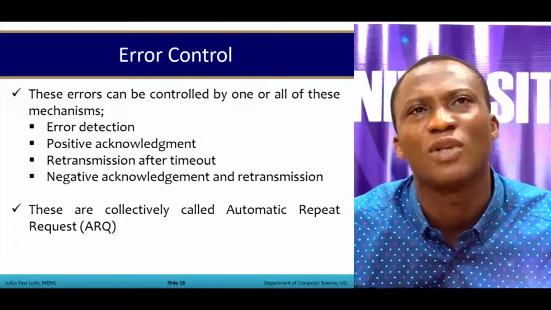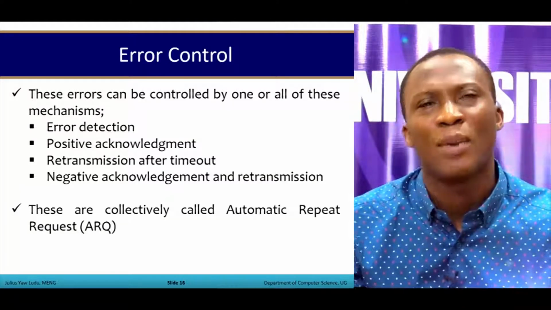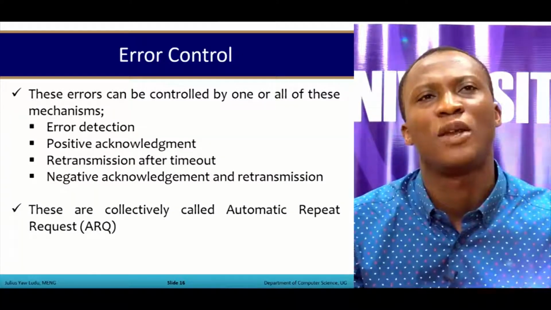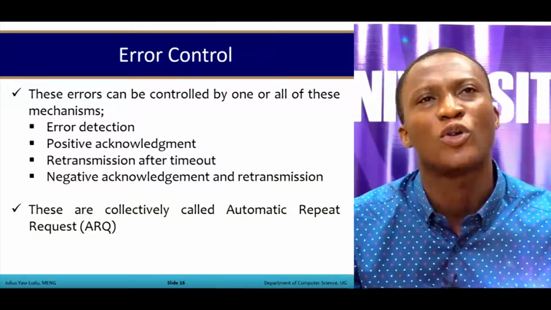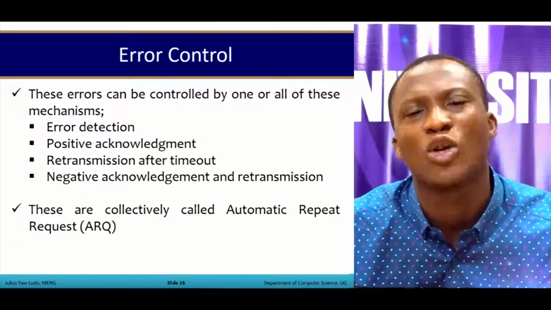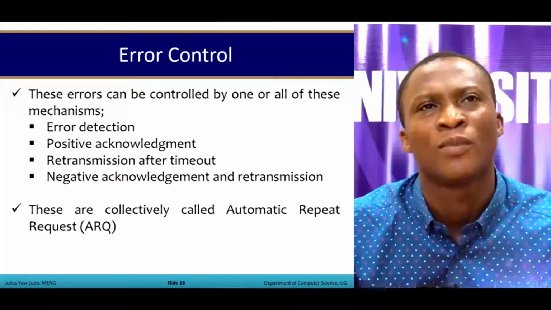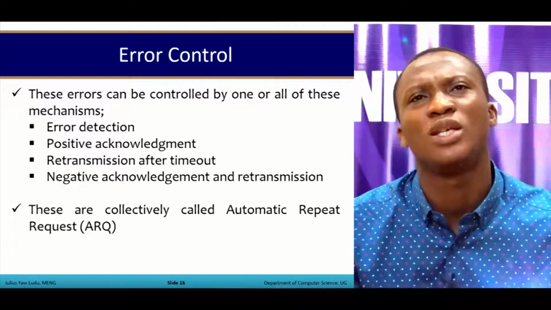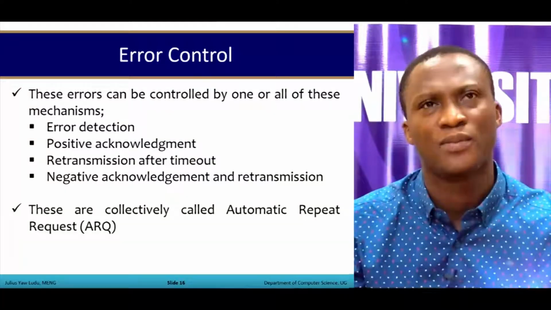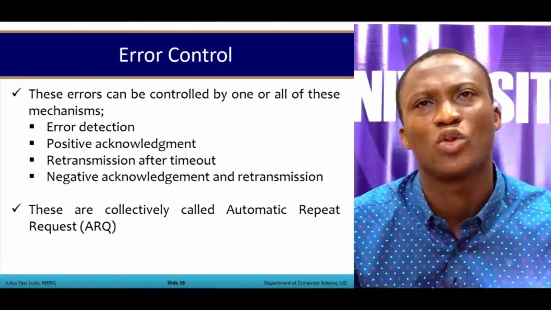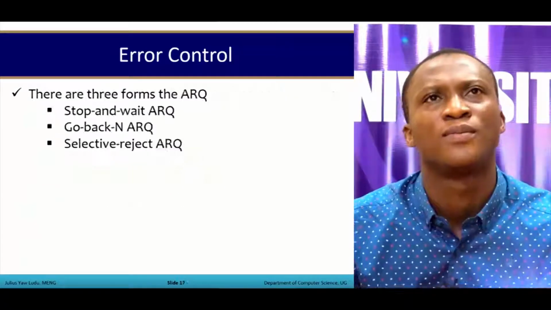Then we have retransmission after timeout. Anytime the frame times out, there needs to be a retransmission. And of course, we have negative acknowledgement and retransmission. All these collectively are known as ARQ, the automatic repeat request.